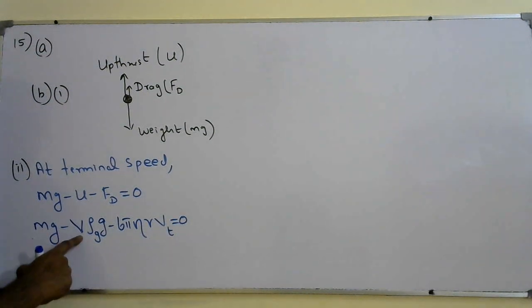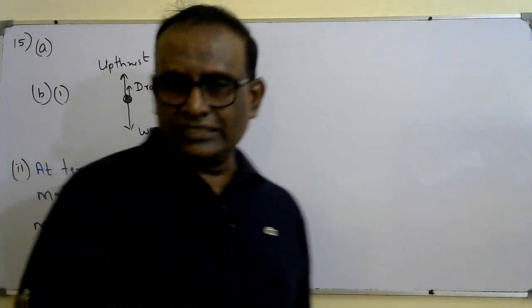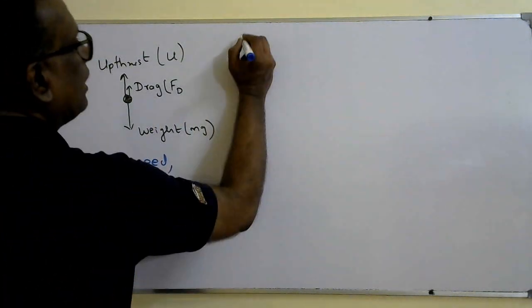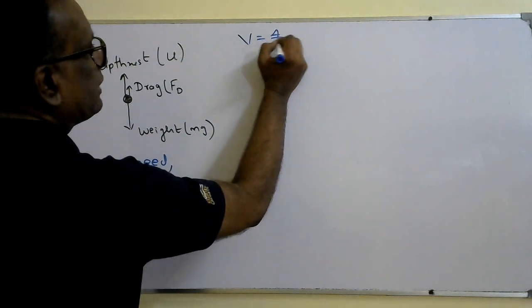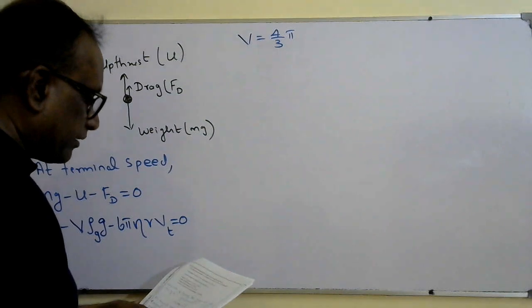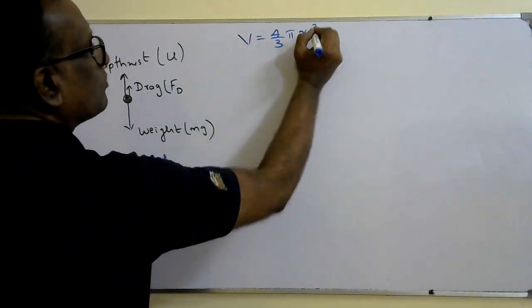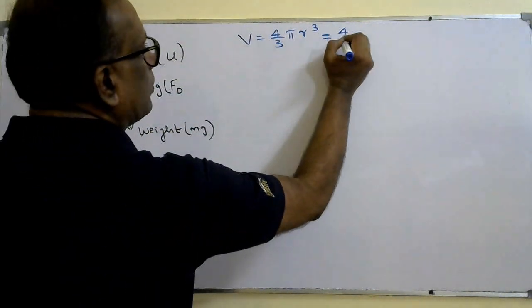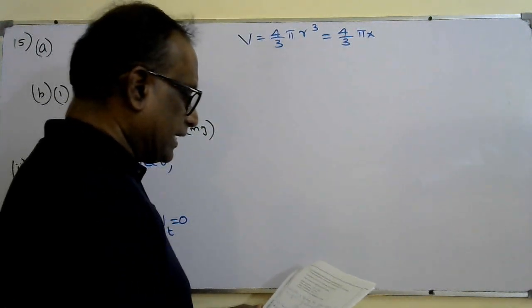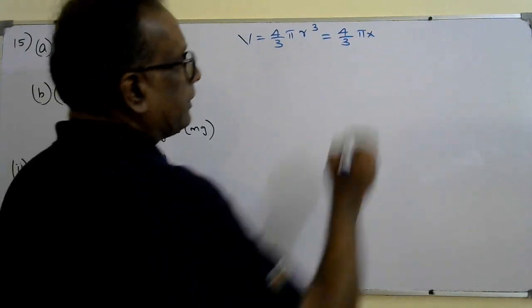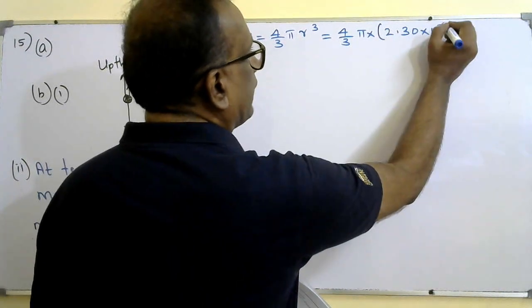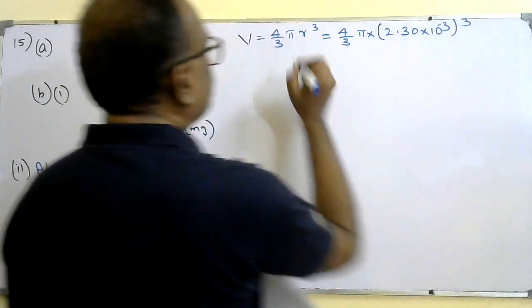Okay, so we'll find the volume separately. If you want, you can find the volume here, but I think it's better to find it separately. Volume is equal to 4 by 3 pi r cubed, since the radius is given. The radius is 2.30 × 10^-3 meter, all cubed.